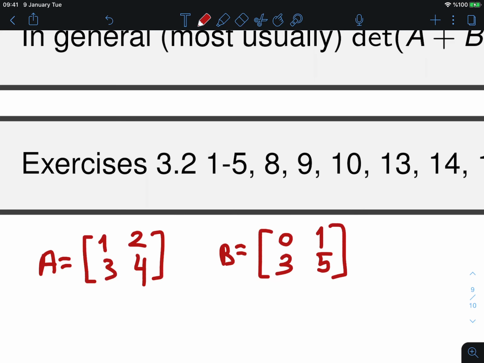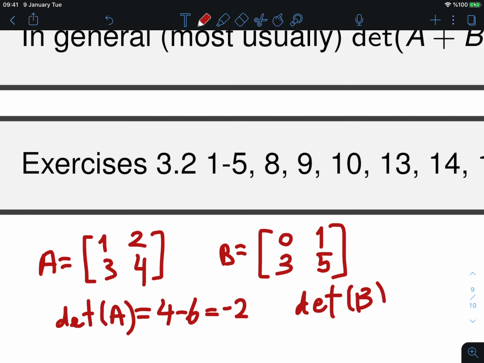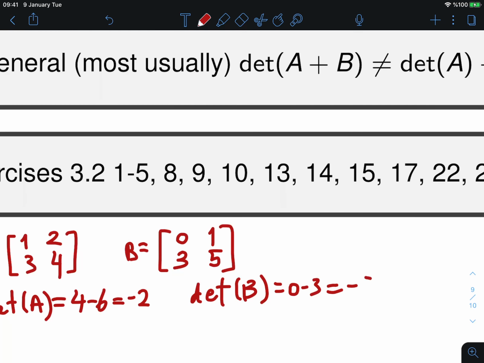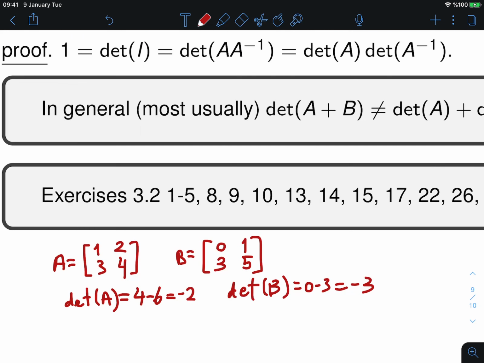Then what is the determinant of A? The determinant of A is 4 minus 6, which is minus 2. The determinant of B is 0 minus 3, which is minus 3. And what is A plus B? A plus B is the matrix 1, 3, 6, 9.